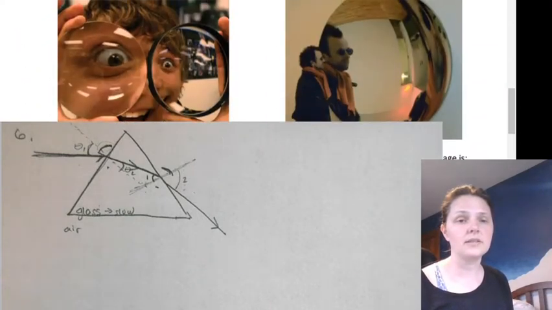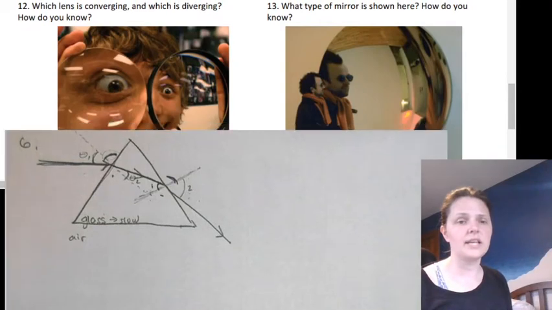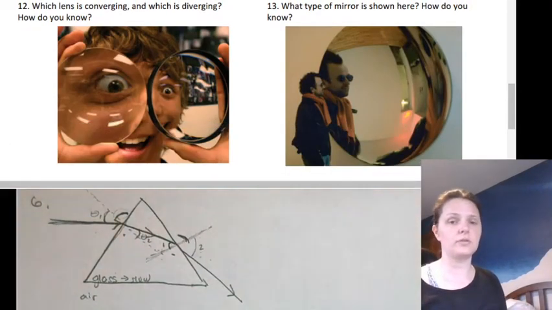But let's do the last couple here. So which lens is converging, which lens is diverging, and how do you know? So we'll look over here on the left-hand side.